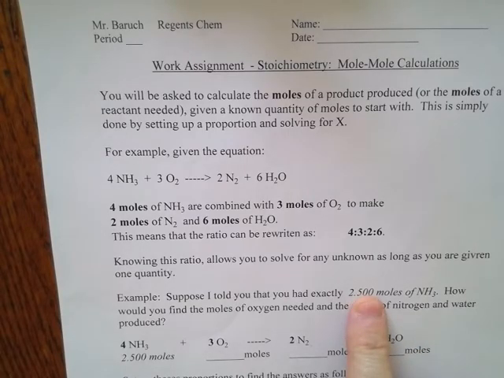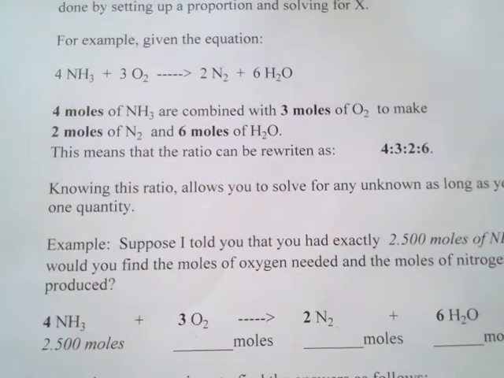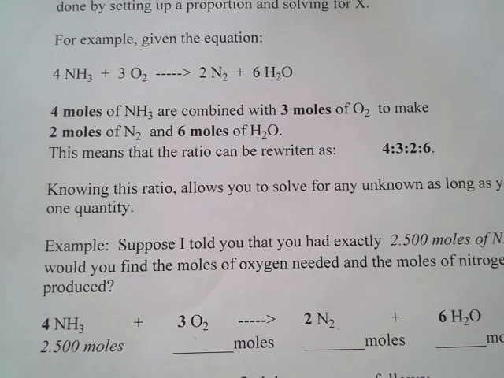So how do we do this exactly? Well, this is how we do it. We're going to set up a proportion. We're going to set up a ratio between the ammonia and the oxygen, and then we'll set up another proportion for the nitrogen and eventually for the water.